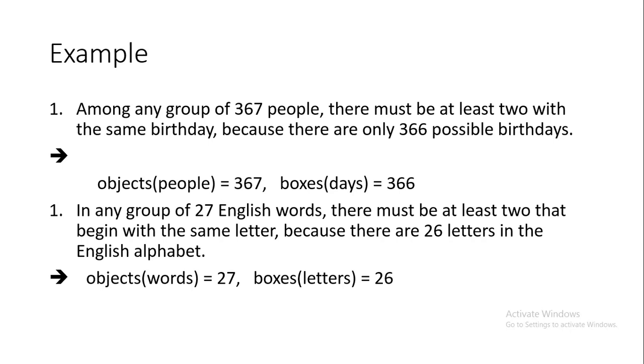So the group is given here, 27 English words, meaning the objects are 27, and the boxes are also given, that is 26 letters. We have the alphabet from A to Z, that is 26 letters. So we can say that at least 2 begin with the same letter.